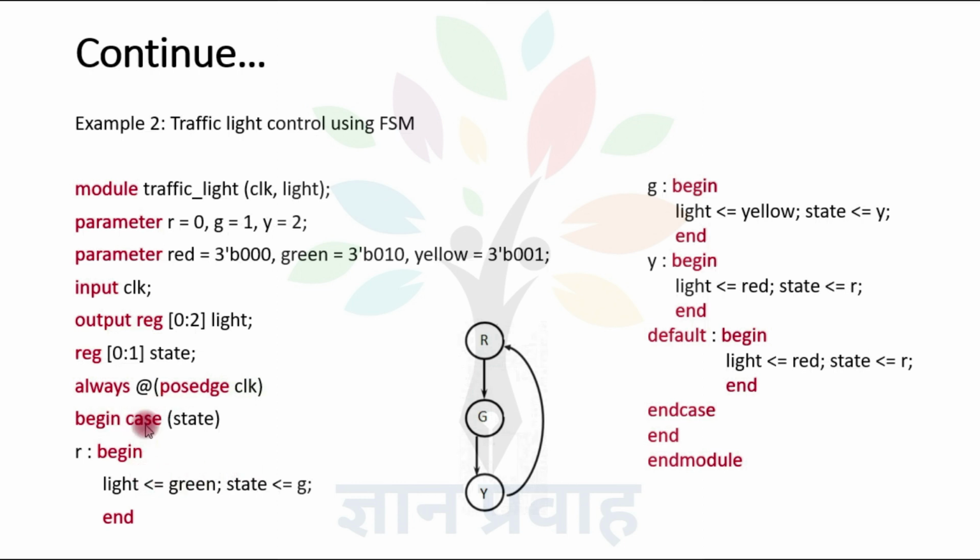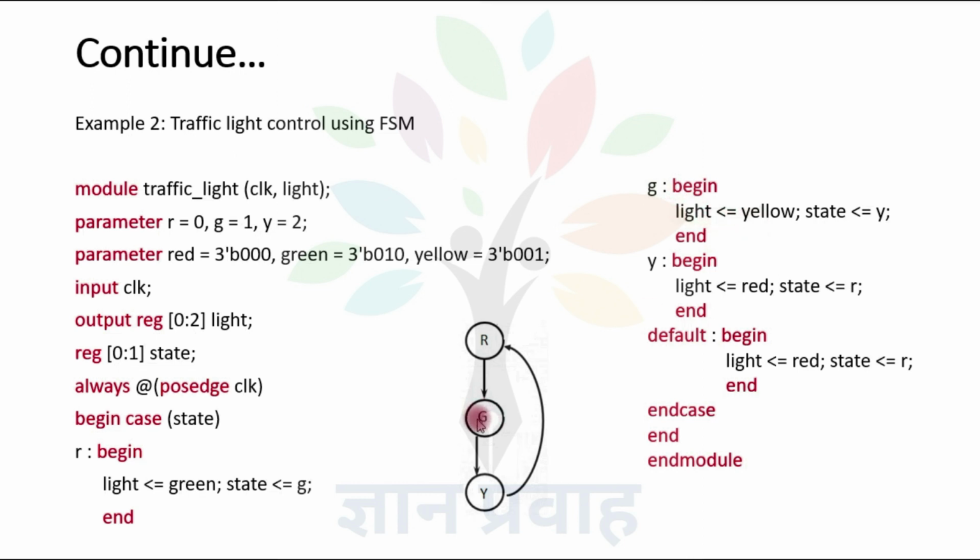Begin case statement on state, and there are three states: R, G, Y, for red, green, yellow. Begin: if we are initially at state R, the light will be green, meaning the green light will be on, and the next state will be G. If we are at state G, then the next state will be Y and the light will be yellow.